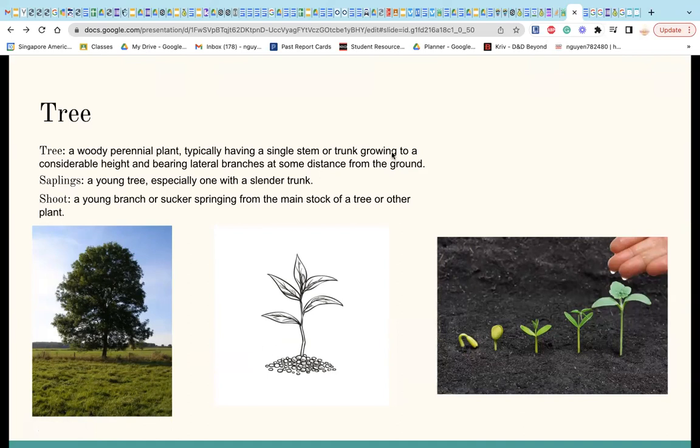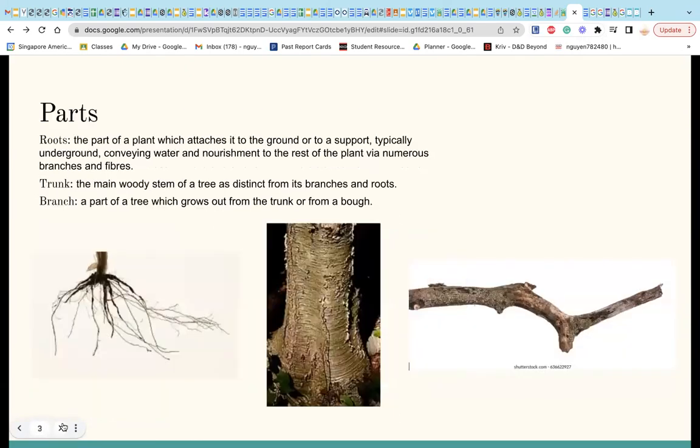It's a young branch or sucker springing from the main stalk of a tree or other plants. So the picture all the way to the right, that's a shoot. It's very small. Anyway, any questions about stages of a tree? No, does not seem so. Very well. We shall move on.